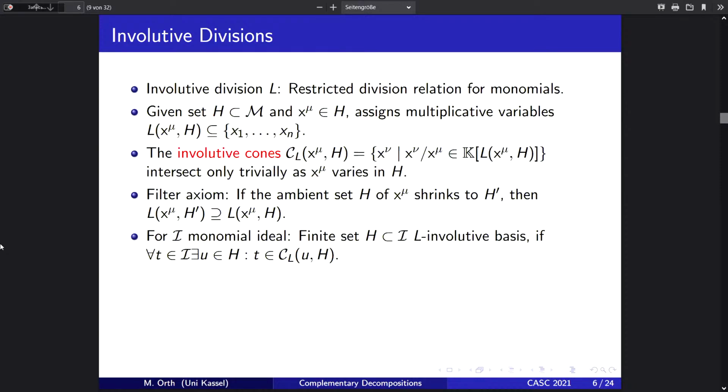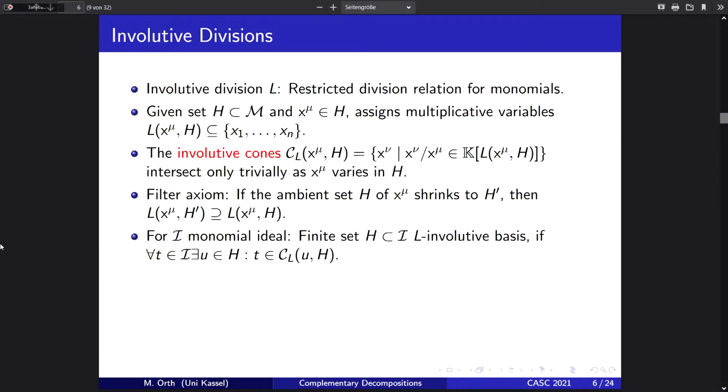We would like to also present an alternative algorithm using involutive divisions. So let me first shortly recall what involutive divisions are. They are restricted division relations for monomials. Such an involutive division we denote by the letter L, and such a division L assigns multiplicative variables to a term contained in a certain set of terms.